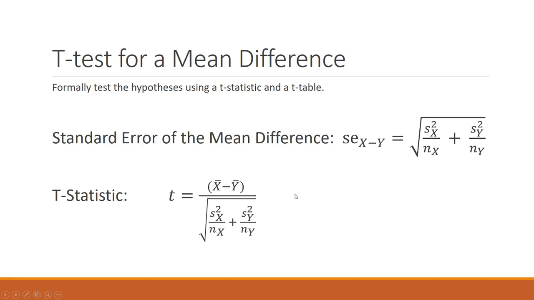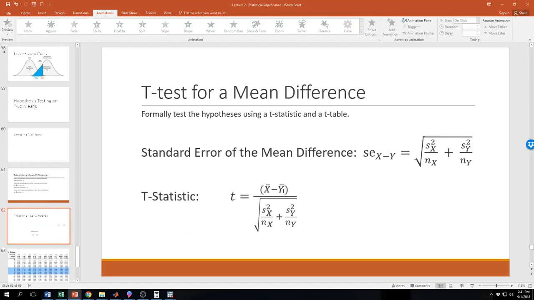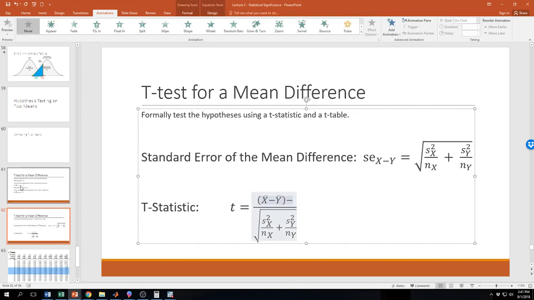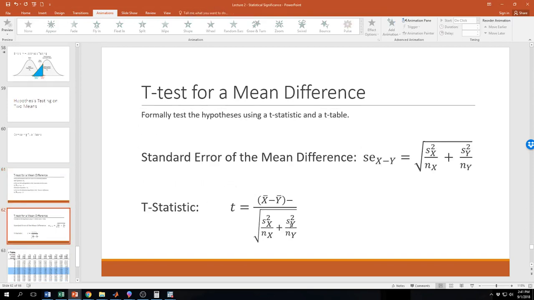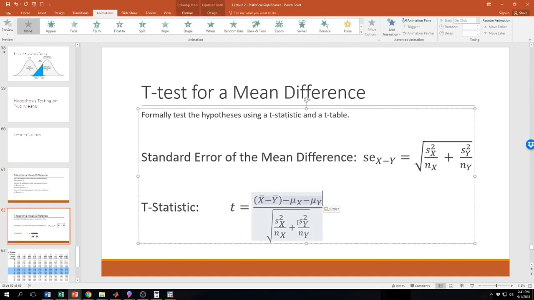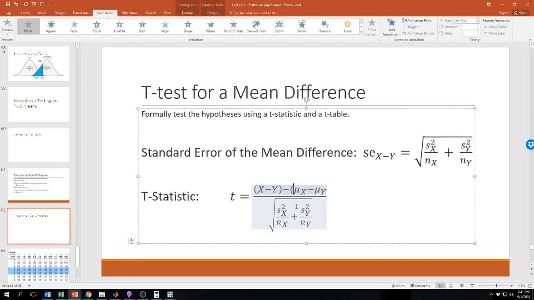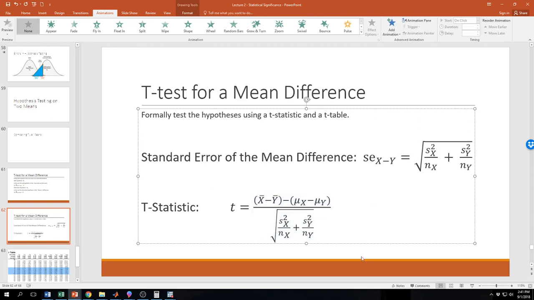Actually, I need to make this more clear, so I'm going to exit here. Minus our null hypothesis, right? Minus our null hypothesis. So this is our t-statistic.